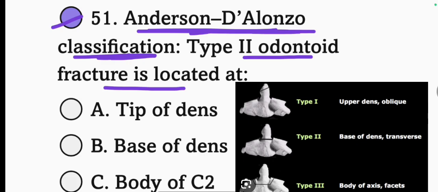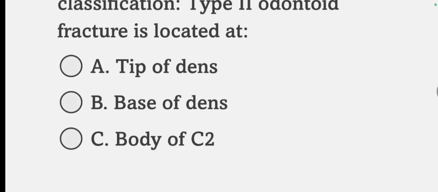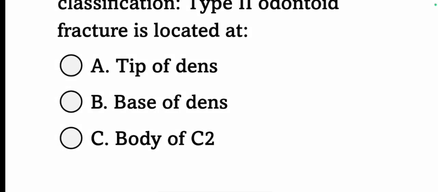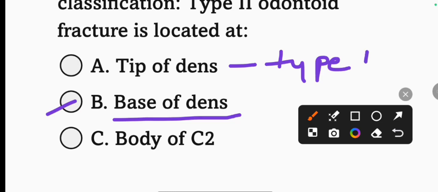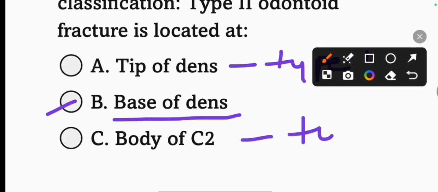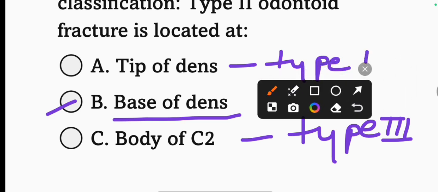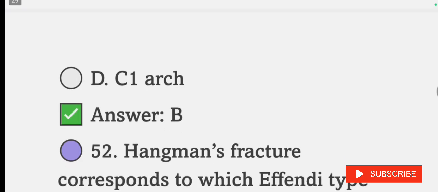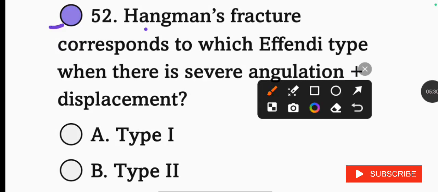So the question asks where type 2 odontoid fracture is located. Type 2 is the base of the dens, so option B is the correct option, because the tip of the dens is type 1 and the body is type 3. Type 2 has a very poor prognosis because it is the most common and unstable. Okay, now come to the 52nd question.